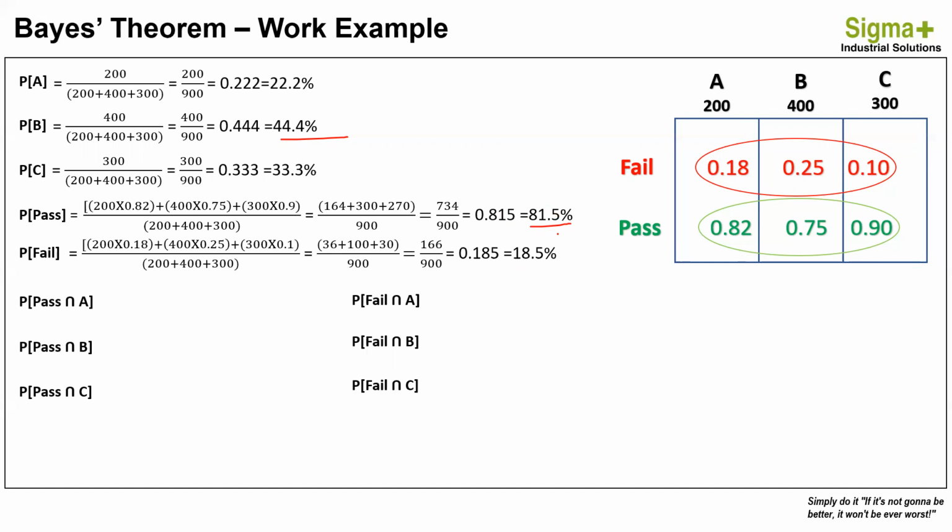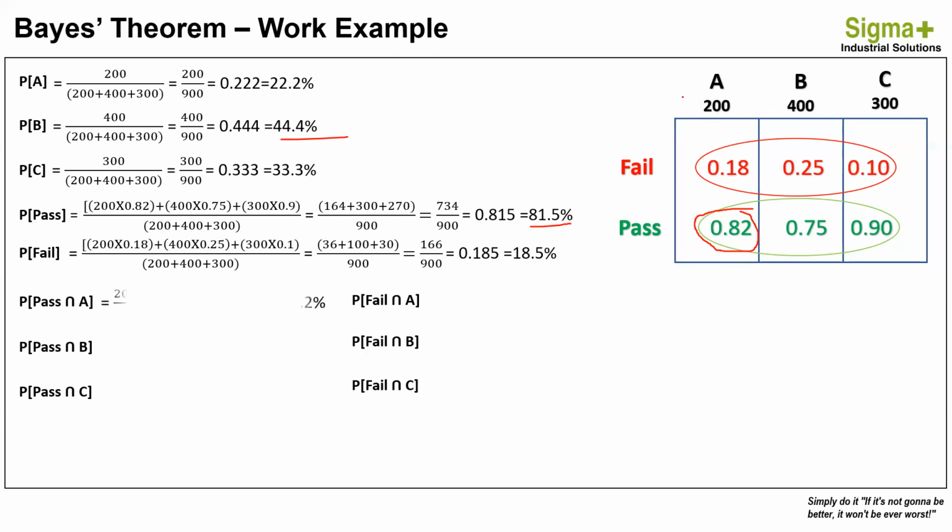Okay, now looking at the intersection probability between pass and product A, that means the probability of pass intersection with the probability of A. If I look at the Venn diagram, I will see that my intersection would be the 0.82, or 82%, of product A divided by the 900 units, right?